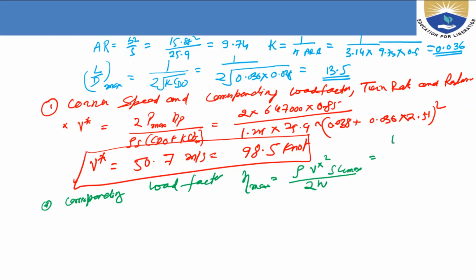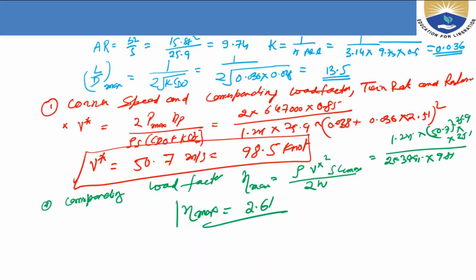So here 1.225 into 50.7 square into S equal to 25.9 and 2.51, divided by 2 into 3995 into 9.81. We will get n max is equal to 2.61. So this is the maximum load factor which we have got.